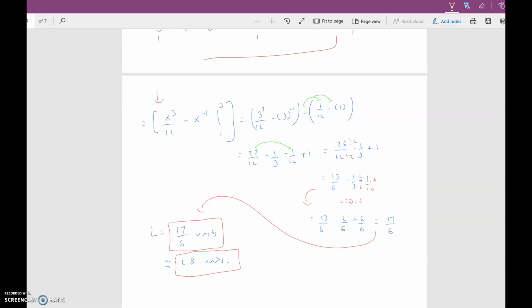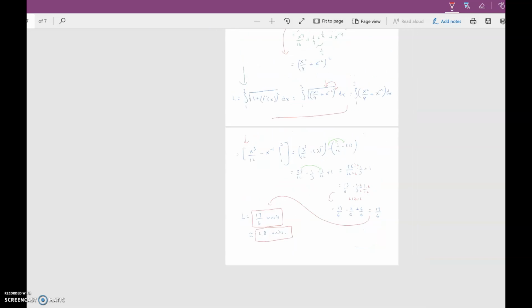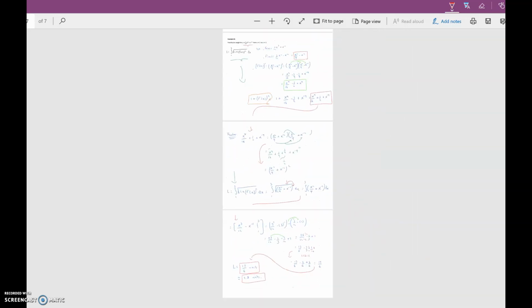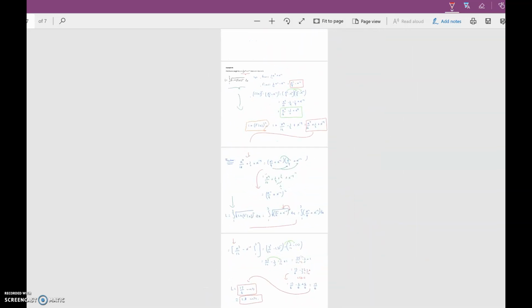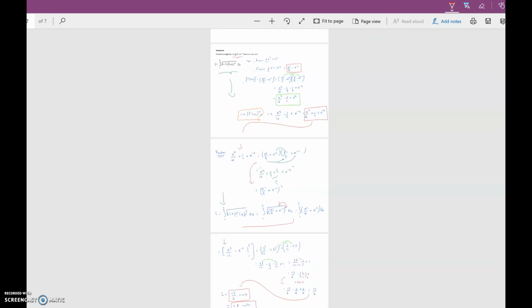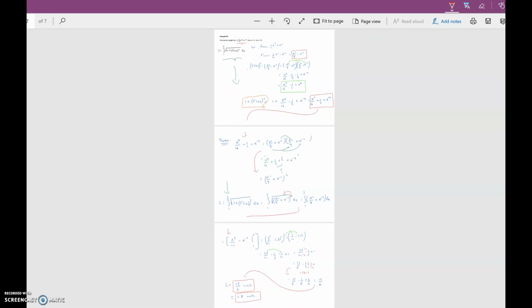Okay, 17/6, yep, that's actually it. So a little bit messy. Like I said, with these problems, the factorization may take a while, and the factorization will never occur if there's an algebra error somewhere. That's it for this one.